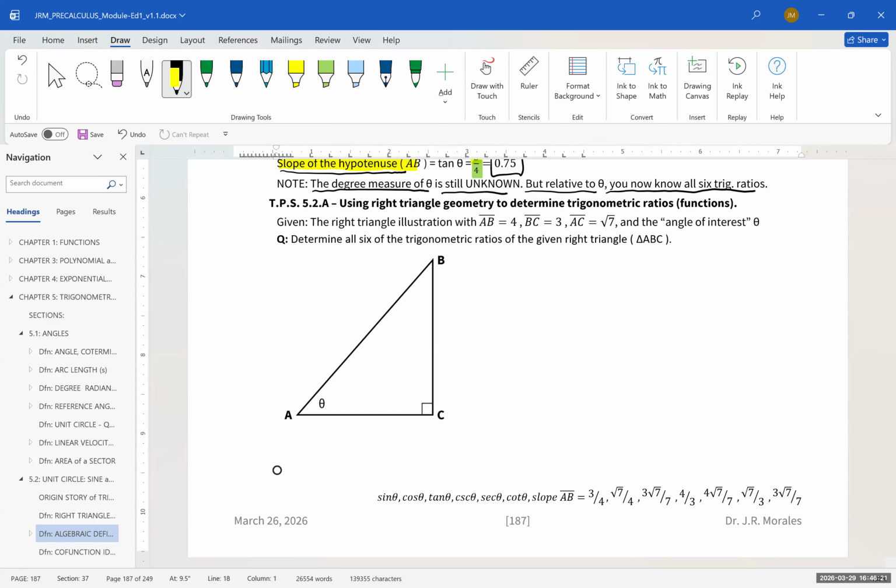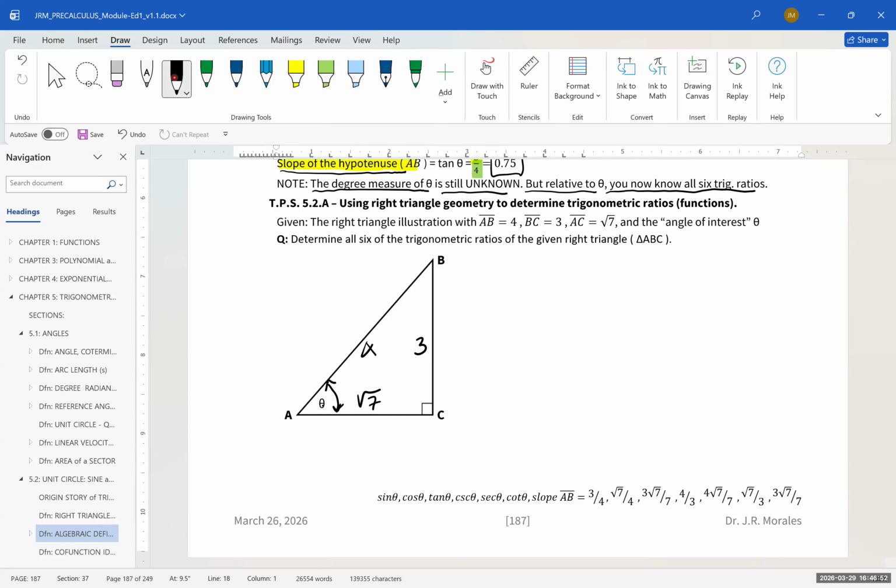Okay, so let's try and work this out together. Given a right triangle illustration with AB equal to 4, line segment BC equal to 3, and line segment AC equal to the square root of 7, and we have our angle of interest.